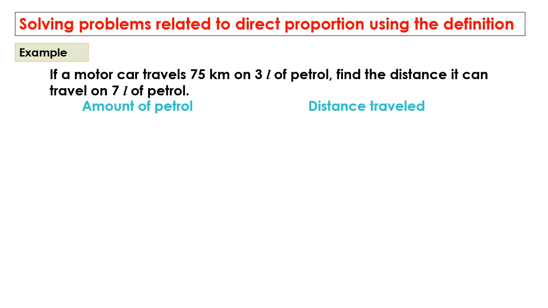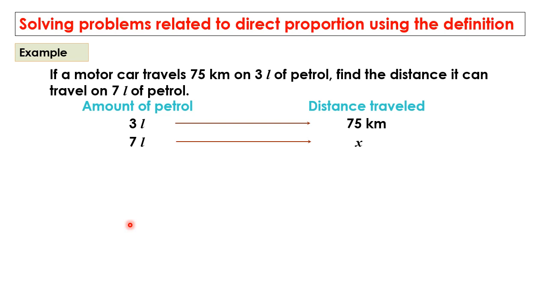So let's take the amount of petrol and the distance as the 2 quantities. Here in 3 liters, the given data, distance traveled is 75 kilometers. Therefore, in 7 liters, how many kilometers? 3 liters, 75 kilometers; 7 liters, how many kilometers? So according to the method, we should use the definition.